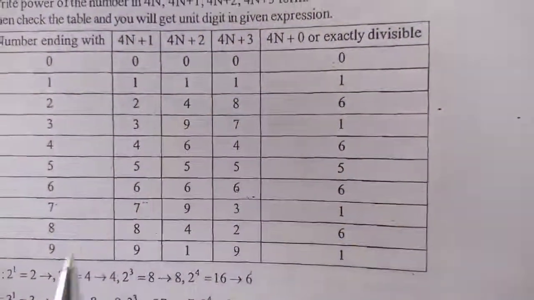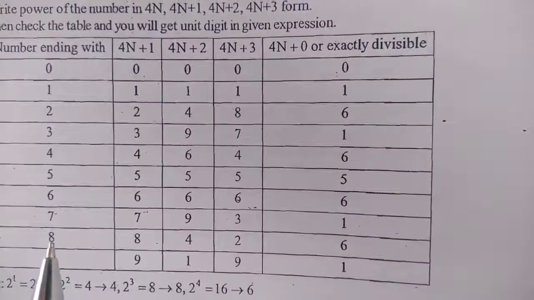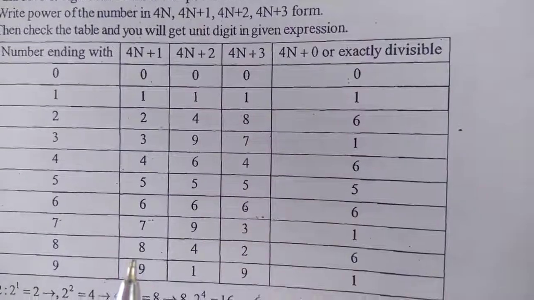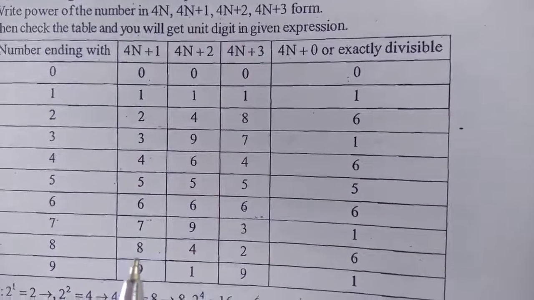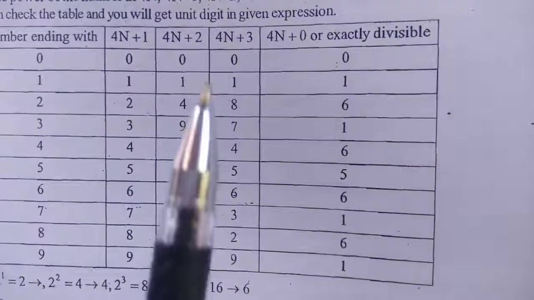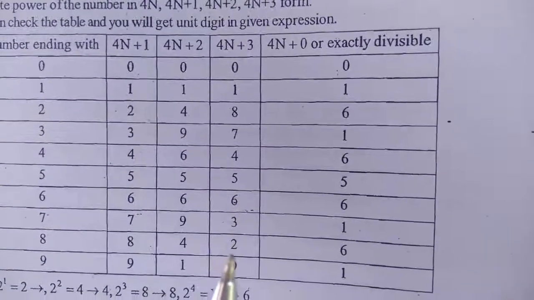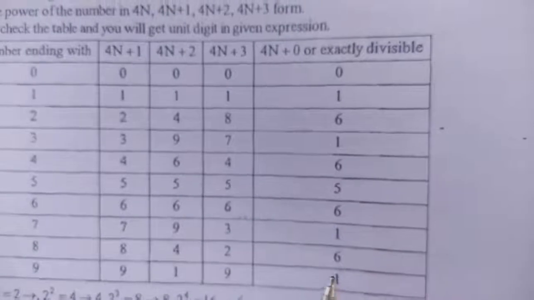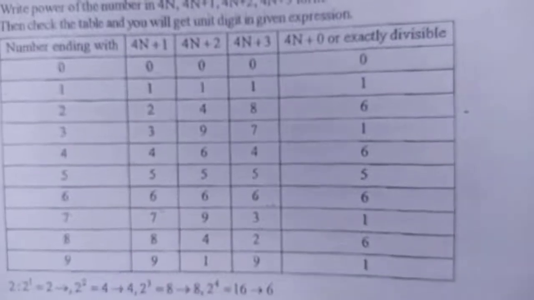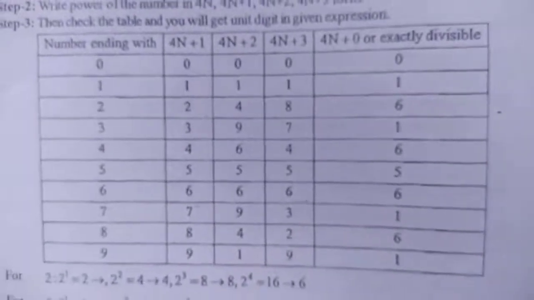Suppose the number ends with 8, it has a power of 4n plus 1, the last digit will be 8. If it is 4n plus 2, it will be 4. If it is 4n plus 3, it will be 2. If it is 4n exactly divisible, it is 6. So like this you follow this table so that you will be able to answer more complicated questions.